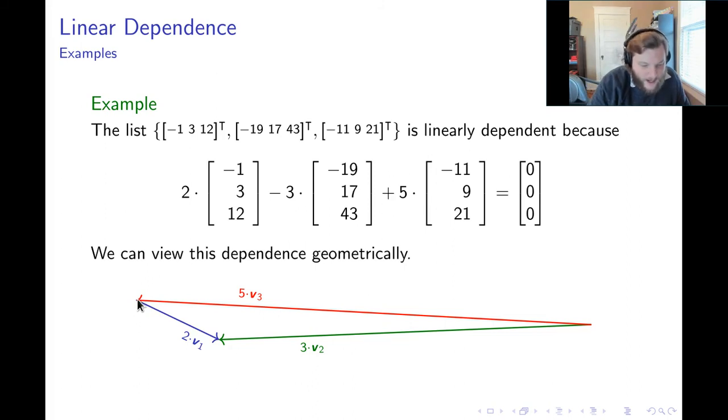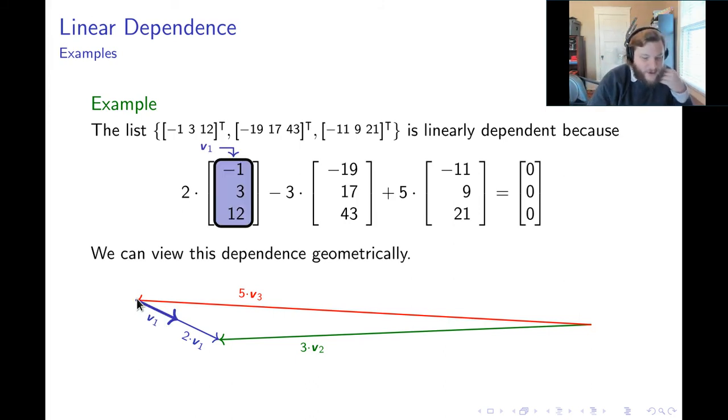We're going through 2 times the first vector in my list, minus 3 times the second vector in my list, and then plus 5 times the third vector. And the idea is that when I go through that path, my start point is the same as my end point, which really means that I have had no displacement, which means I'm representing the 0 vector here.